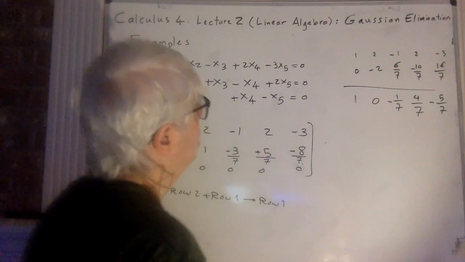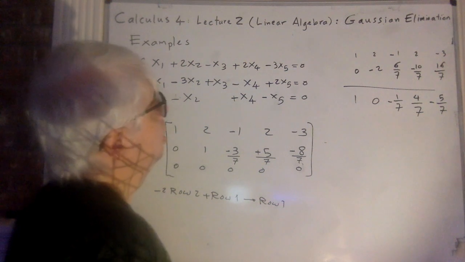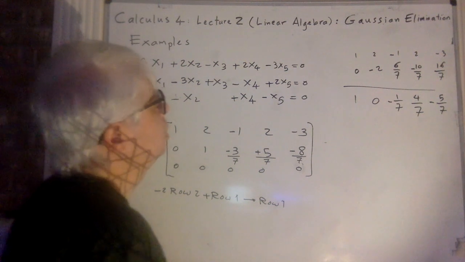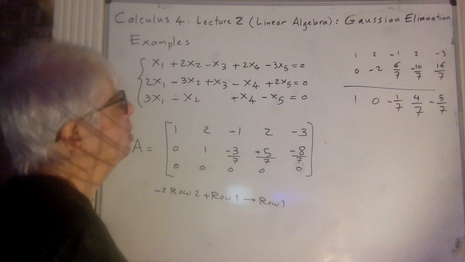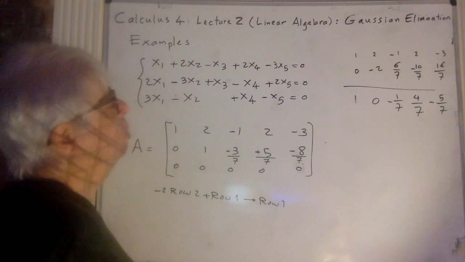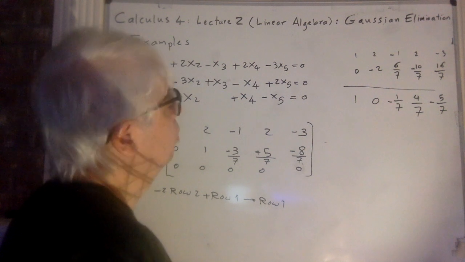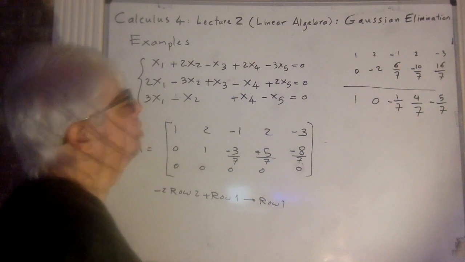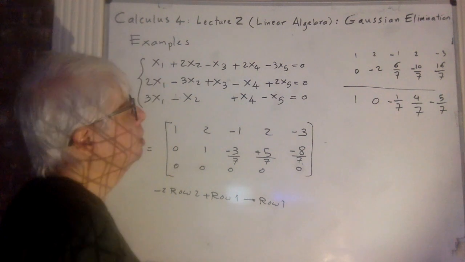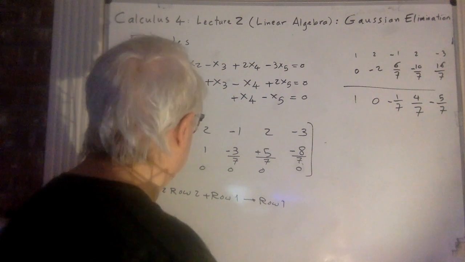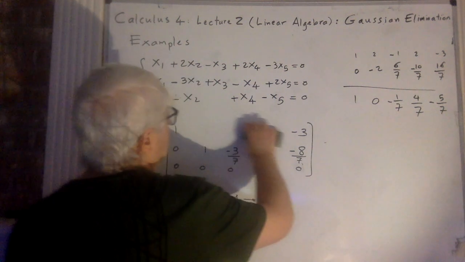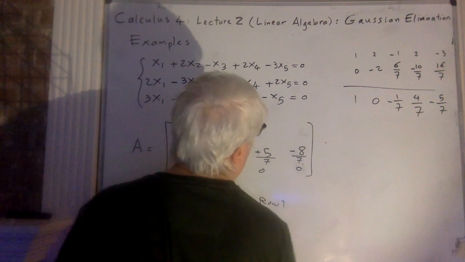So, okay, let me double check. So that's 0, 6 over 7 minus 1, that's 6 minus 7, that's minus 1. 2 minus 10 over 7, that's 14 minus 10, that's 4. And 3 times 7 is 21, 21 minus 16, that is 5. So let's get rid of this.